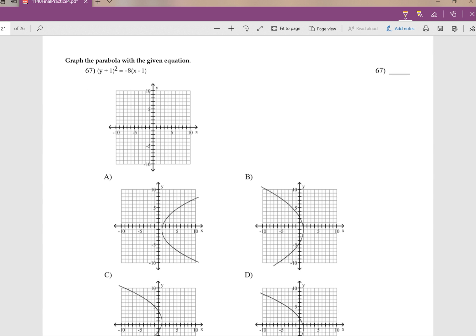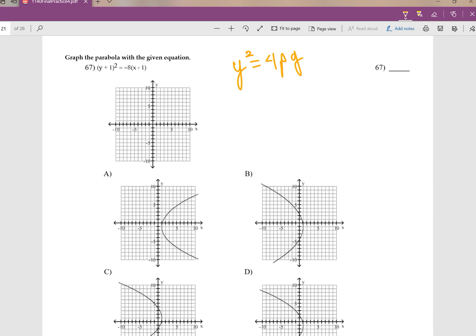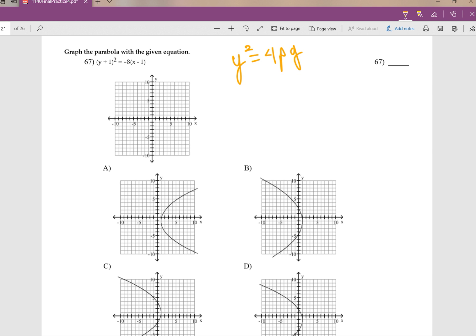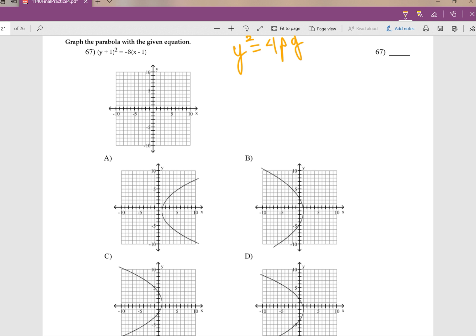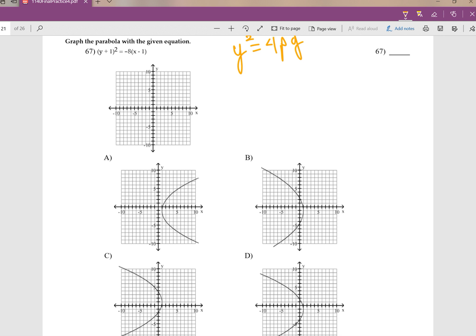Here we're graphing the parabola. Again, this is a y squared equals 4py. So, looking at 67 in terms of the values, this has an origin, vertex at (-1, 1).